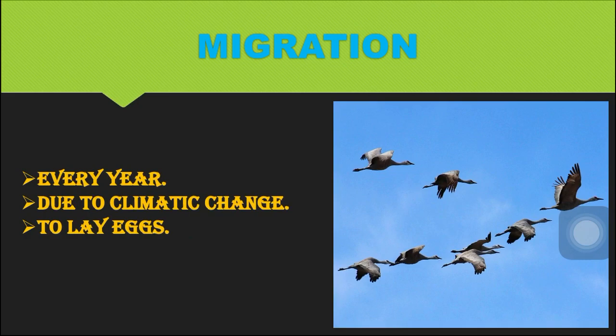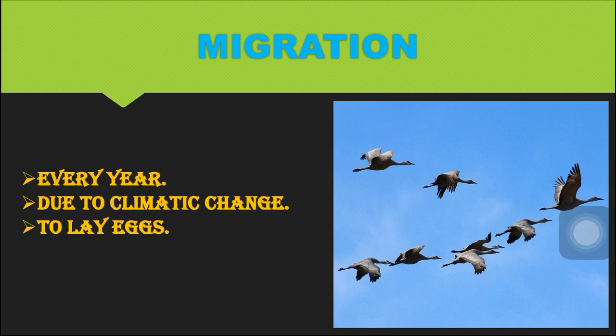Migration is children, when large number of birds, they migrate from one area to another. There can be many reasons. One of the biggest reason is change in the climate, change in the weather. Like for example, the Siberian cranes, they migrate from Russia to India, traveling, I don't know how many kilometers they travel.